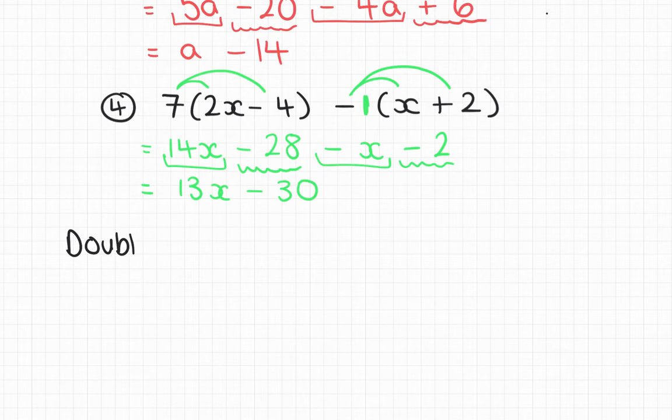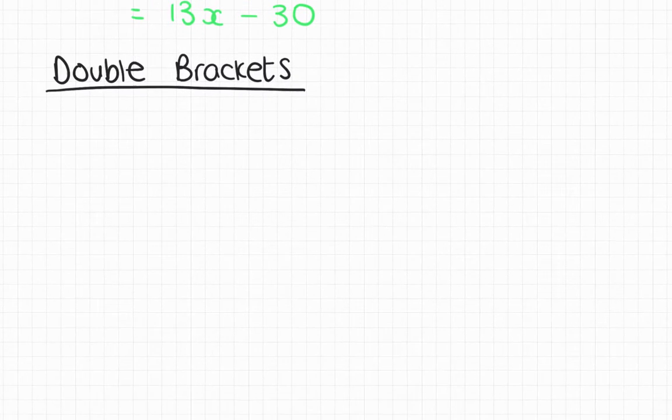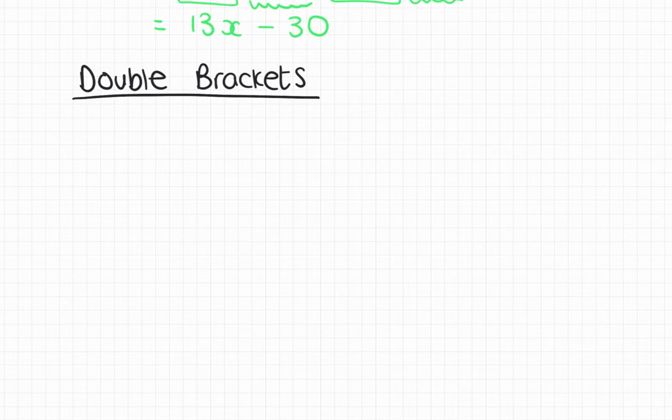So we did some multiplying out of double brackets, and again we just did a couple of examples of this. So first example I looked at was if I want to multiply out (x plus 5) times (x plus 3).